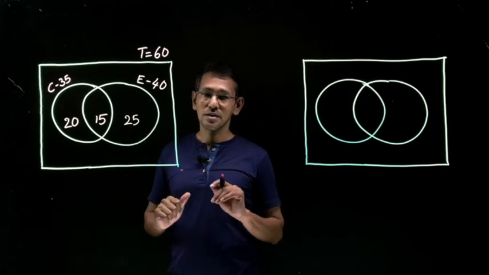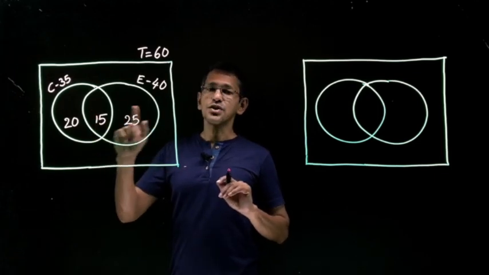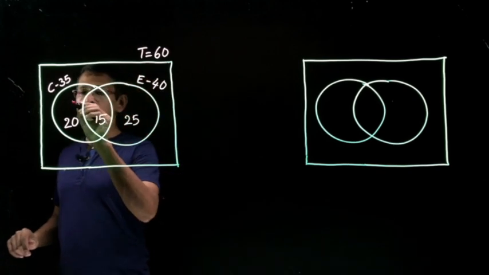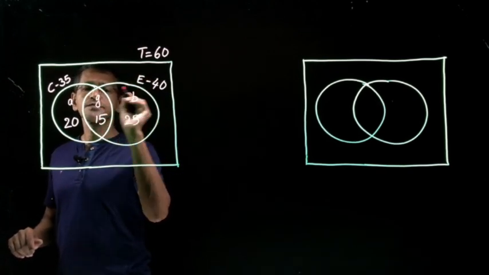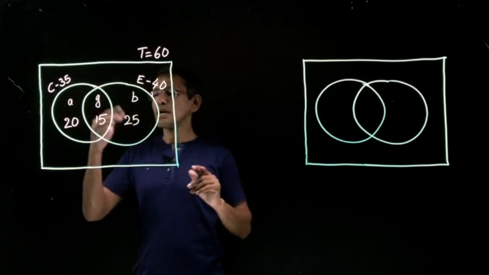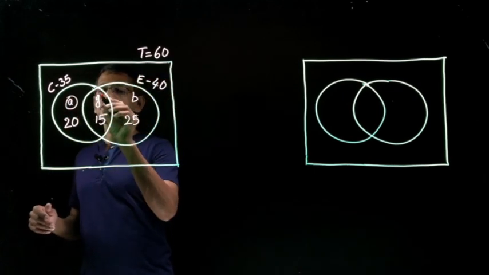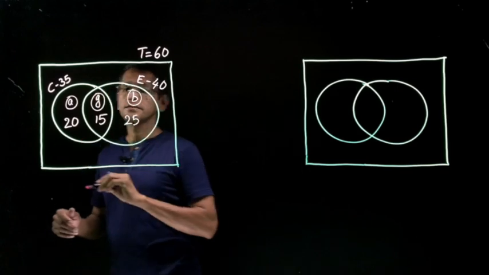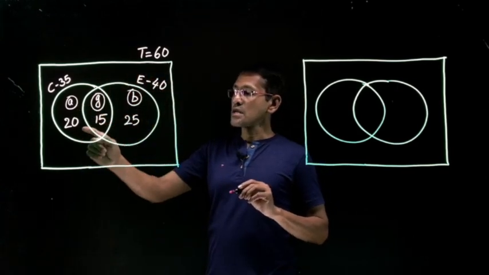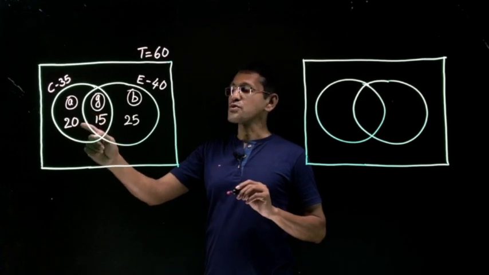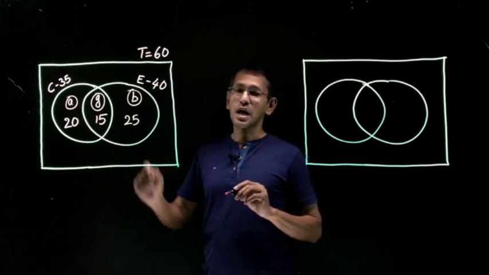Perfectly all right. Now let's look at each area. We'll mark it as A, B, and this is G. A represents the number of students who passed only in computer science.